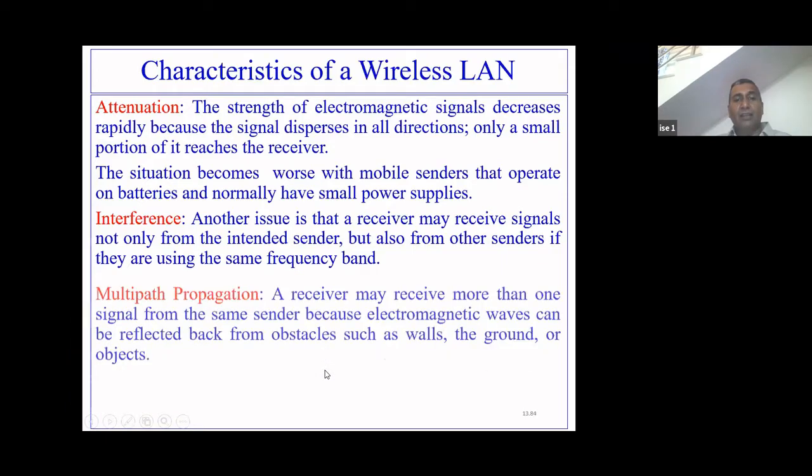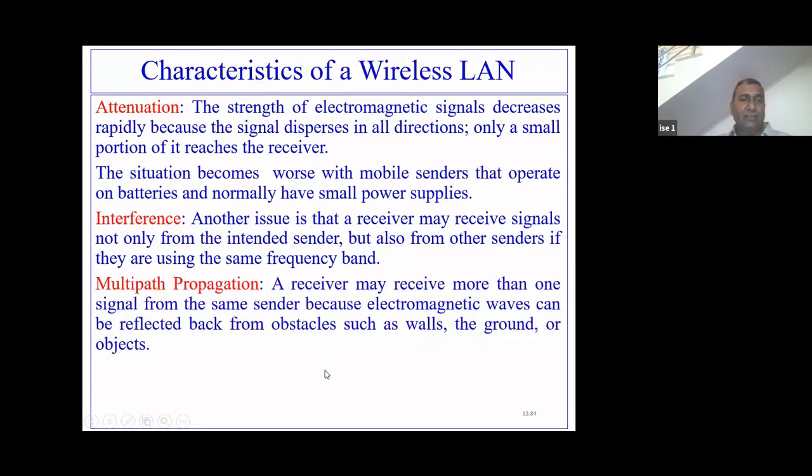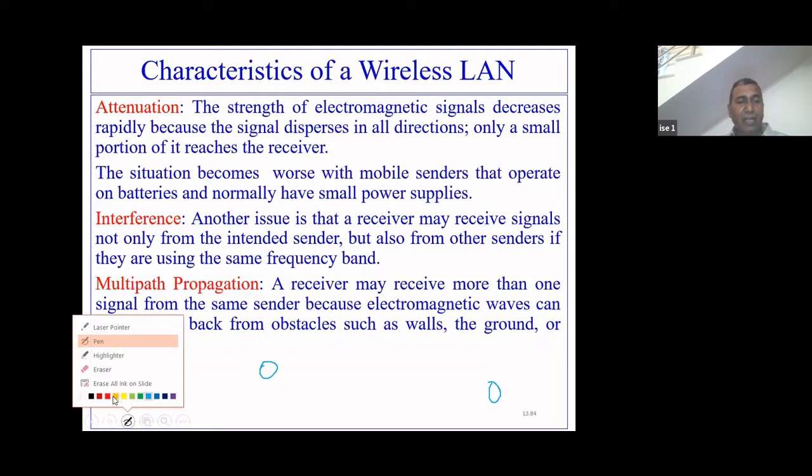That's the interference part. Now we had multipath propagation. The concept is something like this: I have a sender here and a receiver here. This particular sender has sent the frame, the signal.